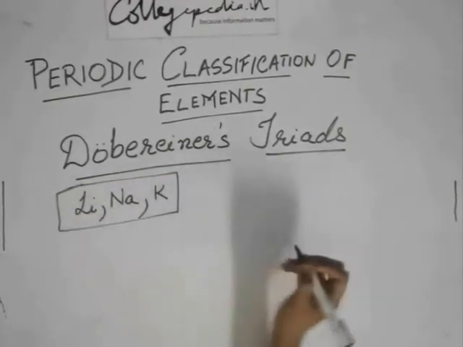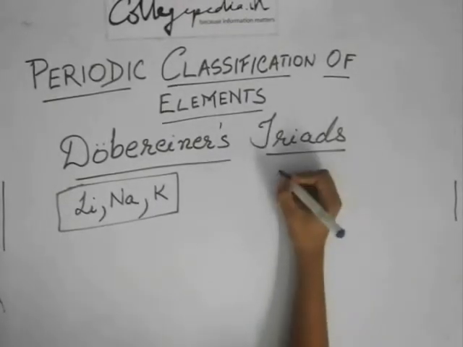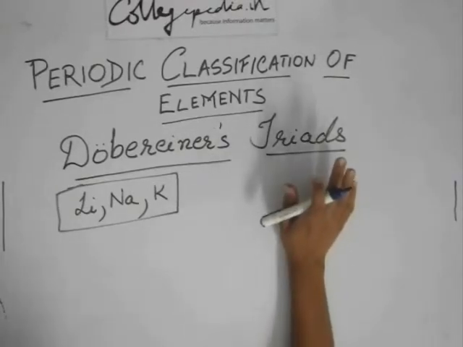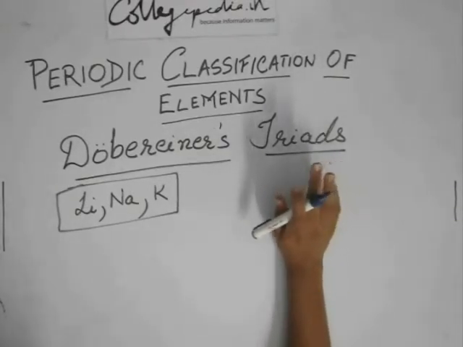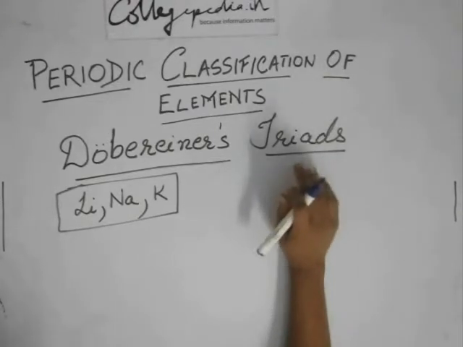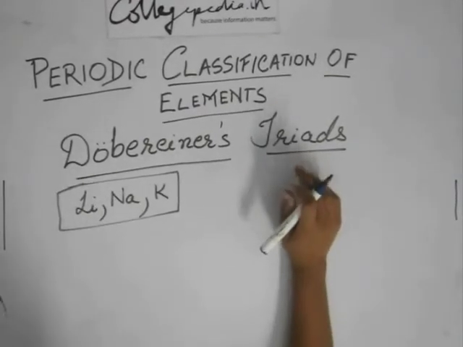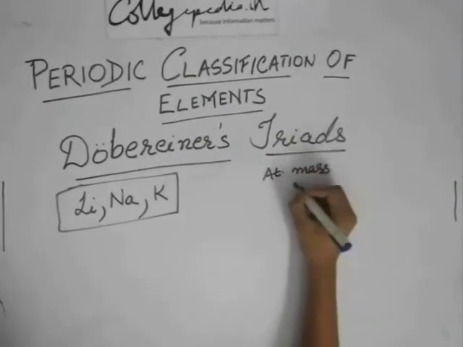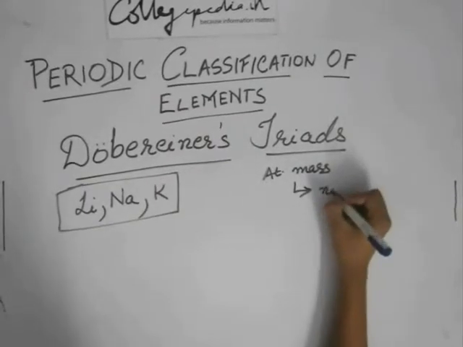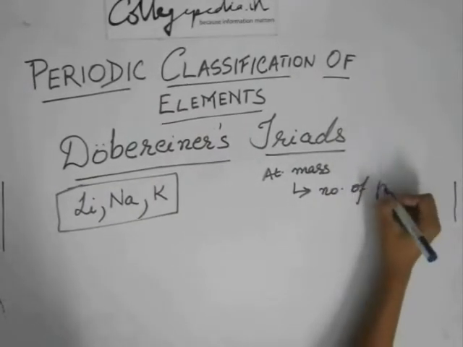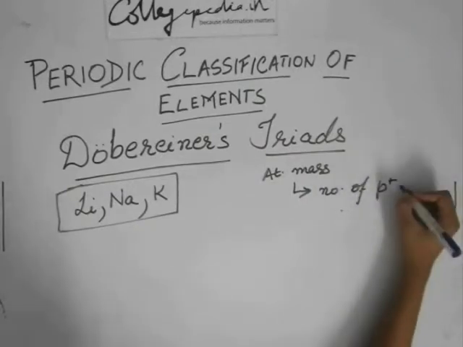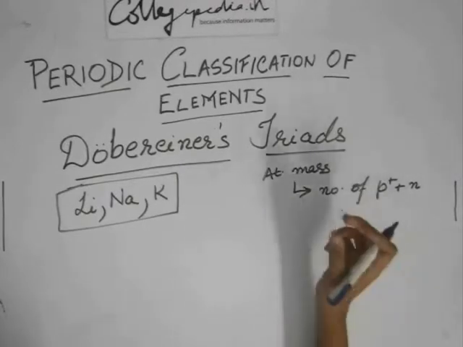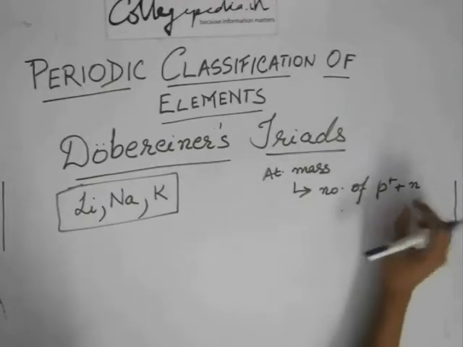Now the atomic weight, you understand what atomic weight is? The atomic weight is basically, for your understanding, equal to the atomic mass. There is a slight difference between them, but till your level you can consider it equal to the atomic mass. And atomic mass is the number of protons plus neutrons.